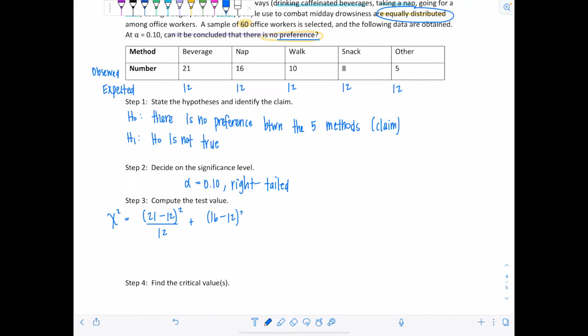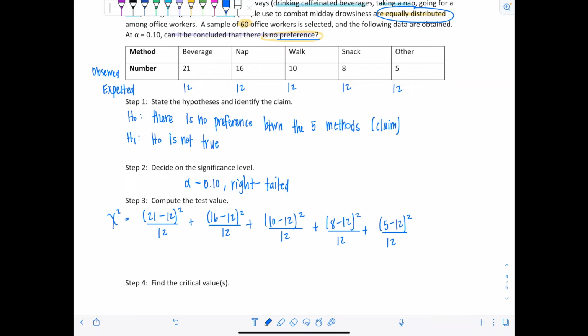16 minus 12 squared. Who are these people napping? That's what I want to know. Plus, going for a walk, 10 minus 12 squared over 12, plus 8 minus 12 squared over 12, plus 5 minus 12 squared over 12. Okay, add all of these up.